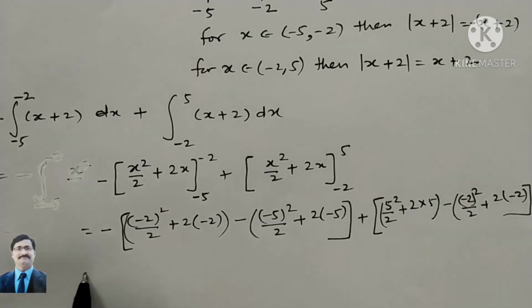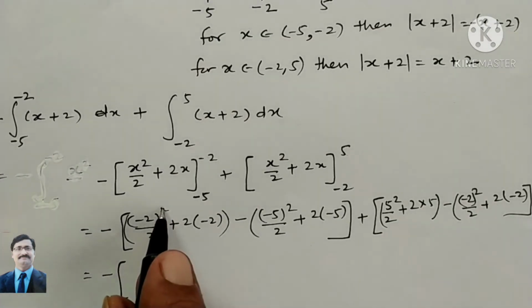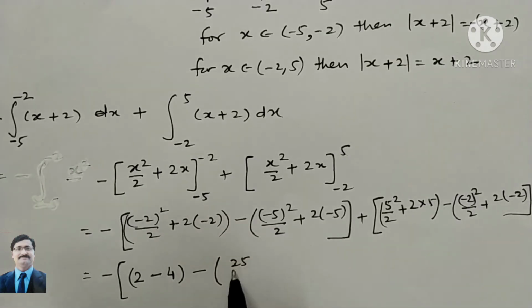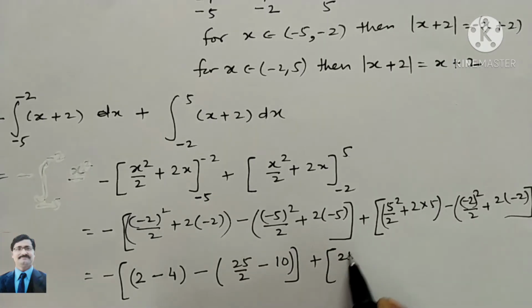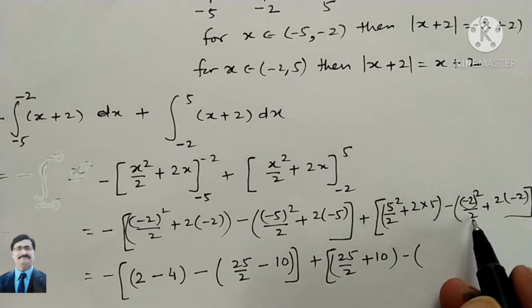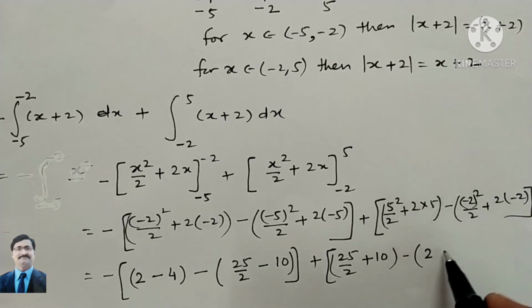So this we have to solve. Minus 2 square is 4, 4 upon 2 is 2, so this gives minus 4. Then minus, minus 5 square is 25, 25 by 2, and this is minus 10. This is closed. Then 5 square is 25 by 2 and plus 10. Then minus 2 square is 4, 4 upon 2 is 2, and this is minus 4.